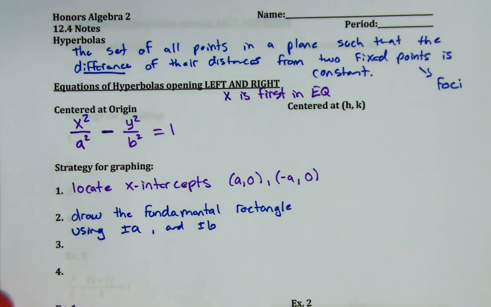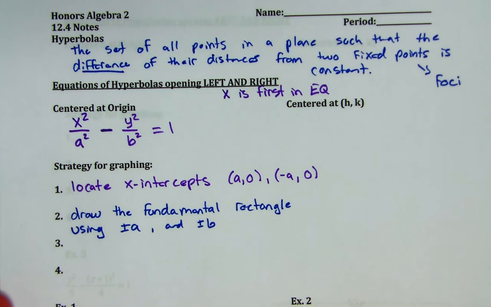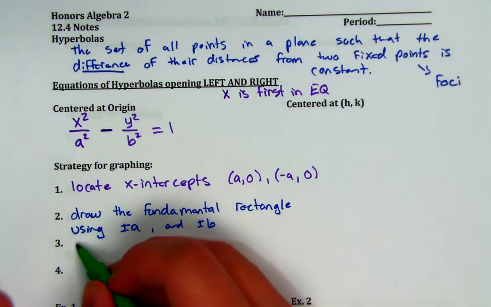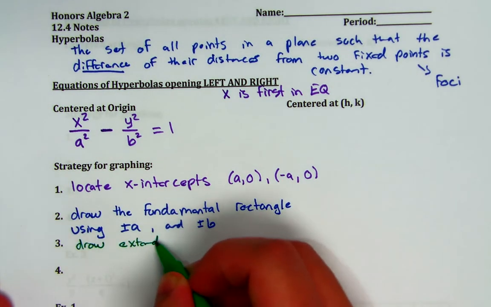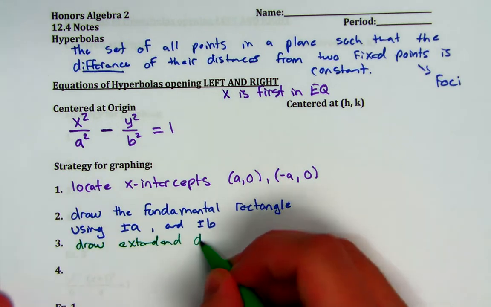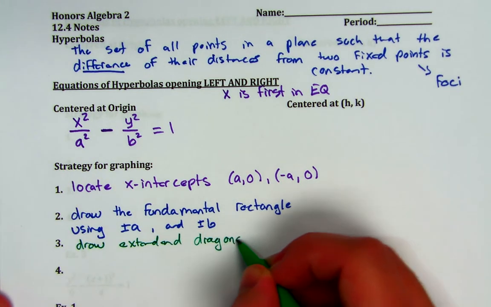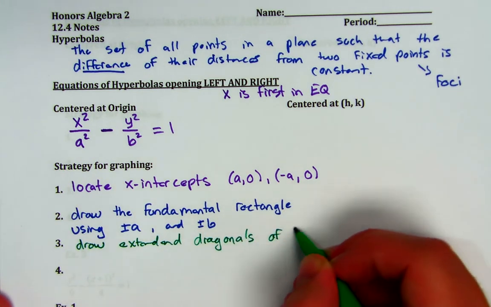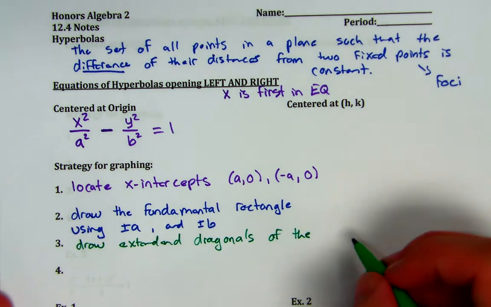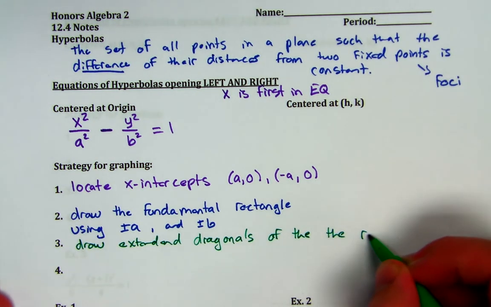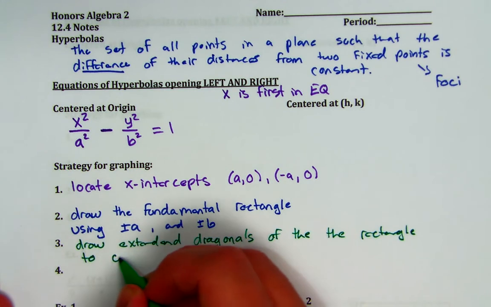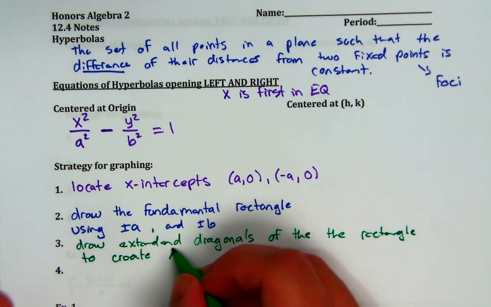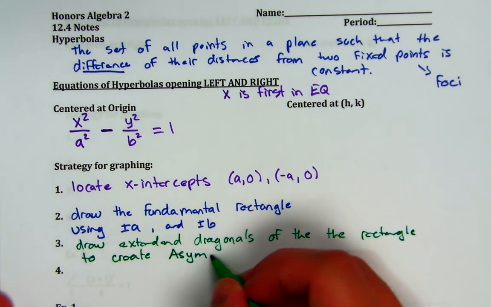Our next step is to draw the extended diagonals of the rectangle to create asymptotes.